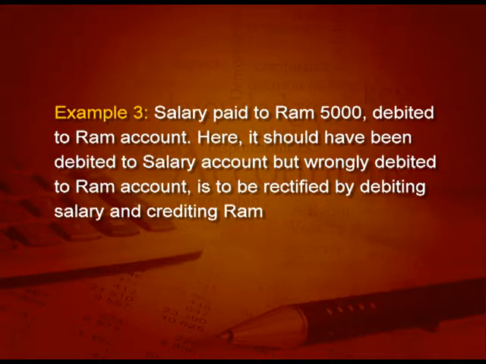So, it means it should have been debited to salary account, but you have wrongly debited it to Ram account. Now, how to rectify it? Debit salary, credit Ram. Ram debit was wrong, so credit it, and you have not debited salary, so debit it. The entry is corrected, rectified.